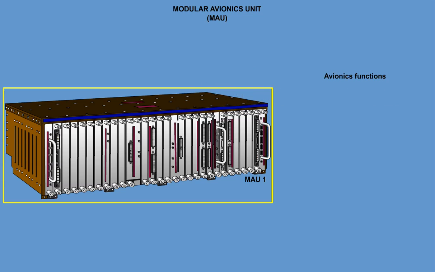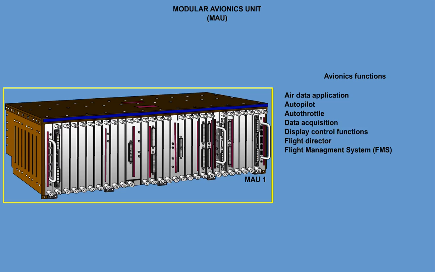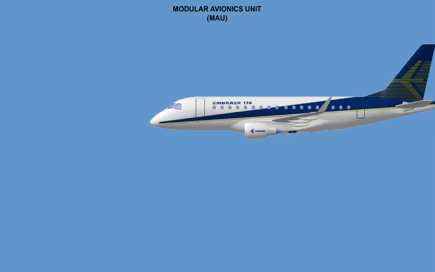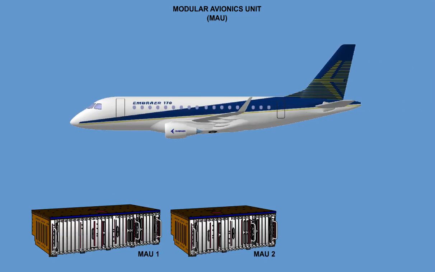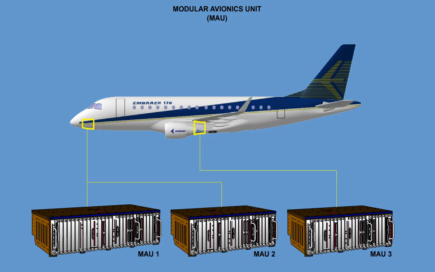Among the avionics functions, the MAU houses air data application, autopilot, auto throttle, data acquisition, display control functions, flight director, flight management system, FMS, flight control modules, global position system, Monitor Warning System, Stall Protection Warning, and Wind Shear Guidance. MAUs 1 and 2 are located in the forward electronics bay, whereas MAU 3 is located in the center electronics bay.